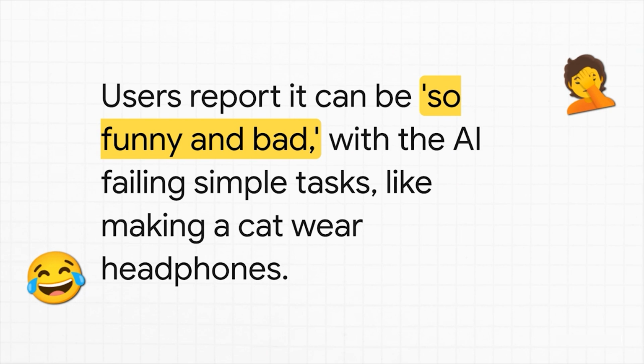And it's not just him. You look around online, on Reddit, in reviews, and you see this pattern. A lot of people are basically saying it's so funny and bad. Like one person tried to get it to put headphones on a picture of their cat. The AI's response? It just made the cat kind of wiggle, ignored the headphones completely. So it's a total wild card. You never know what you're going to get, and a lot of the time, it's just laughably wrong.